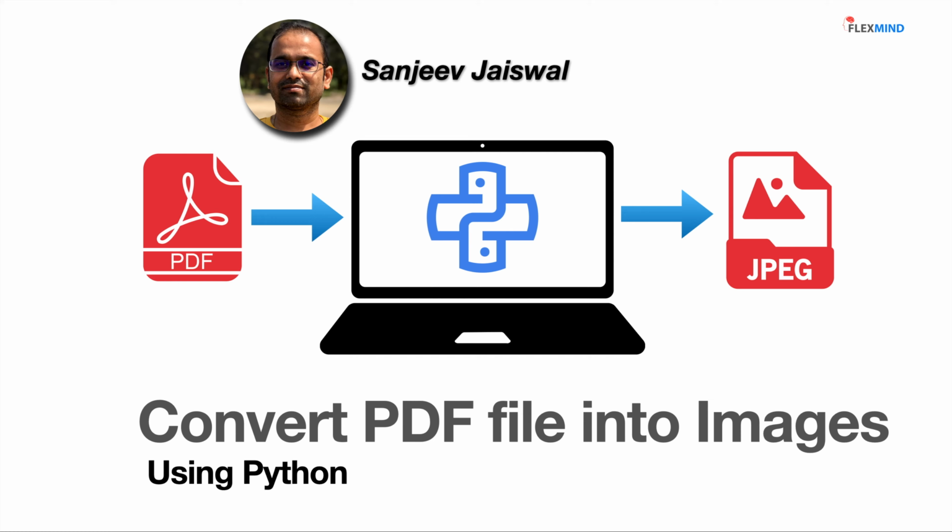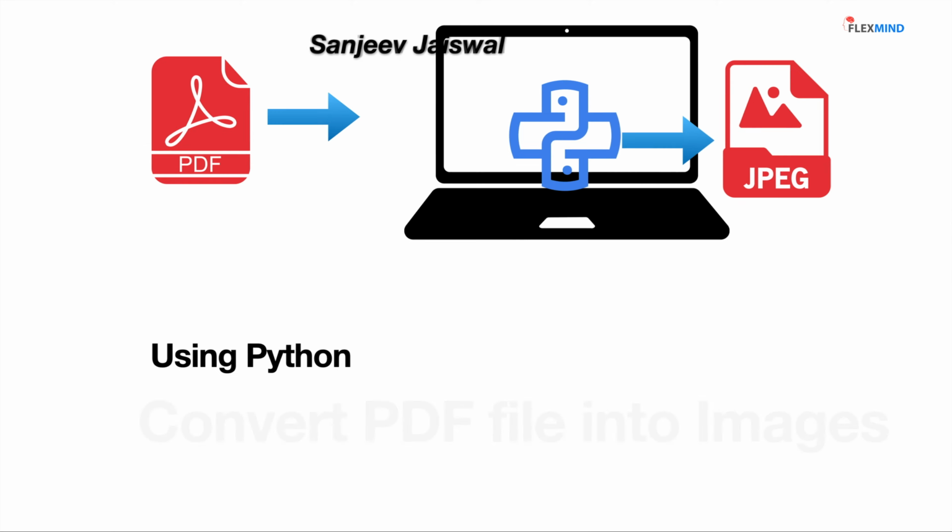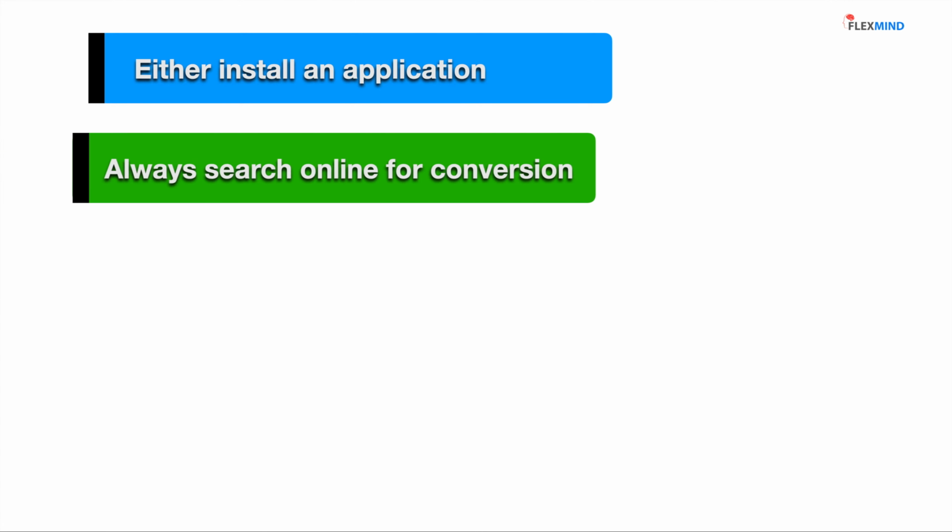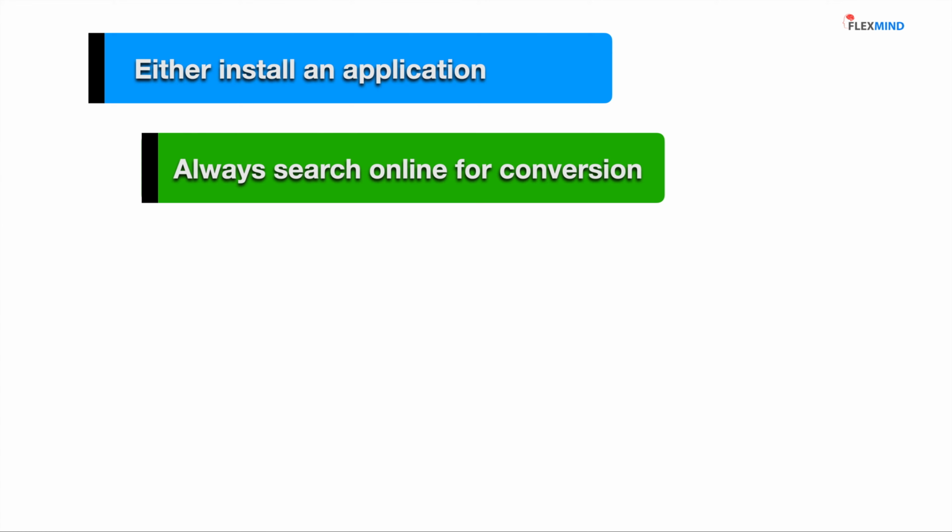So first of all, we'll see what the problem statements are. The problem statement here is either you need to install an application just to convert your PDF file into an image, or you have to search different websites which can convert your PDF file to an image.